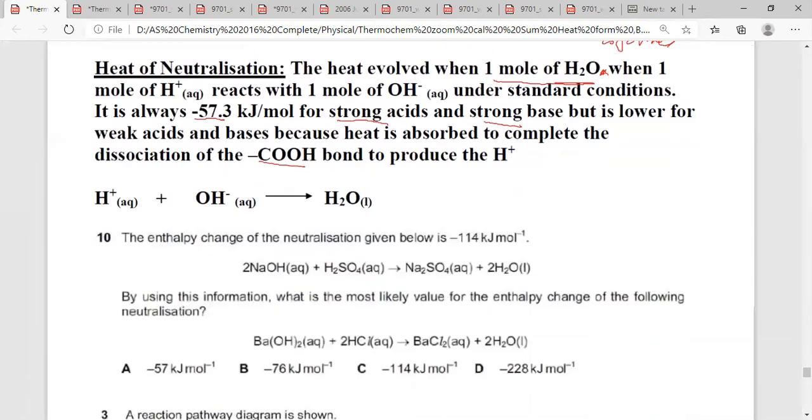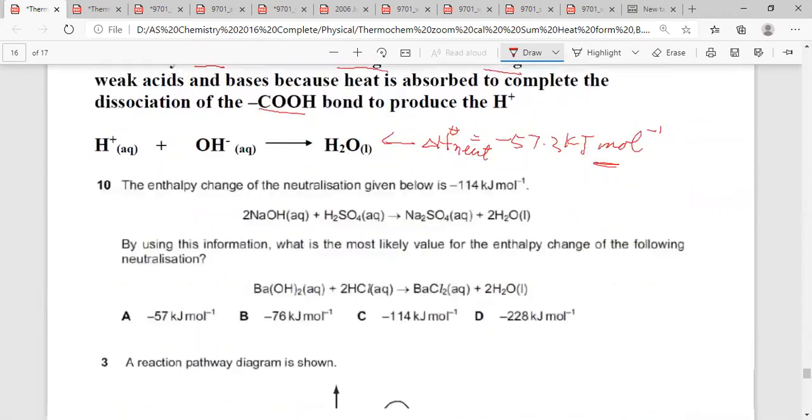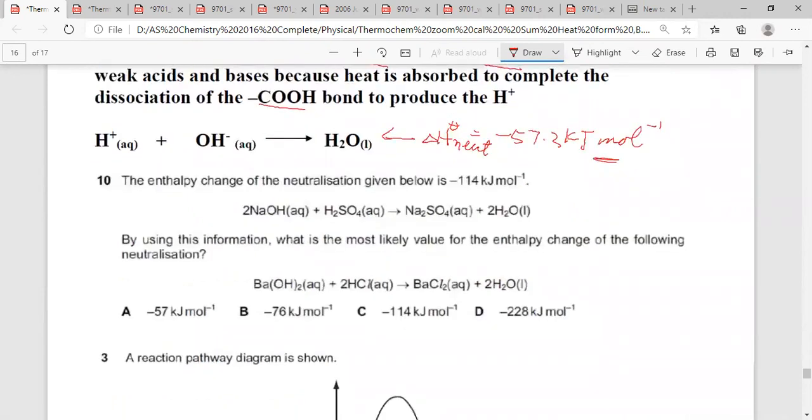So this is called your heat of neutralization, delta H neutralization. It's always minus 57.3 kilojoules per mole. Now here, there are 2 moles of water, so it's times 2.